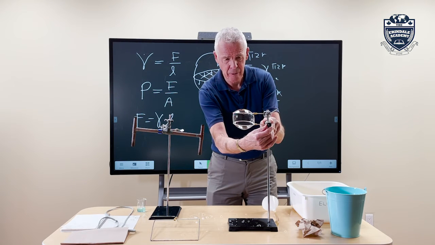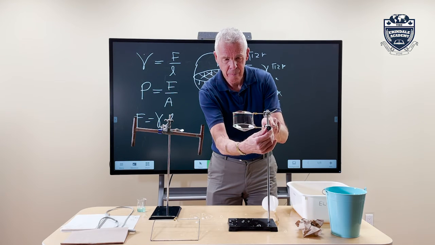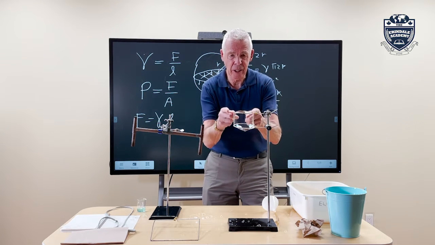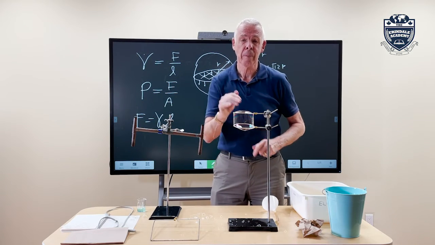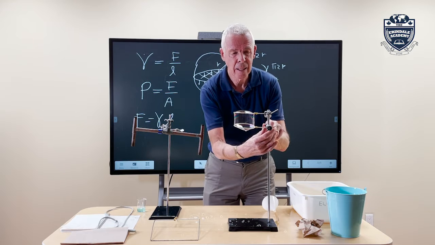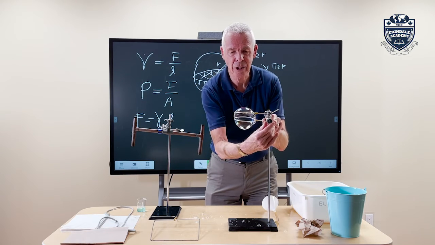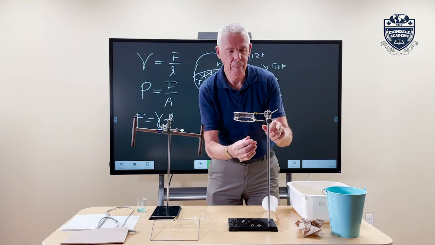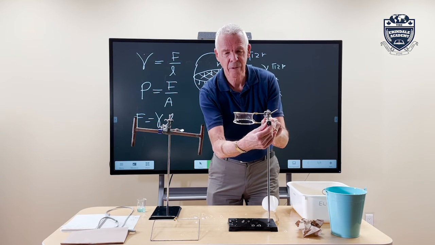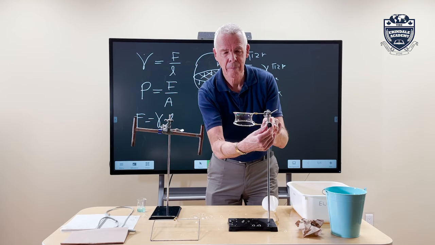And if I pull this down a bit, you'll see we have a bubble that looks like a cylinder here, but the ends are spheres. If I break the ends and break the middle, I have a very interesting shape.